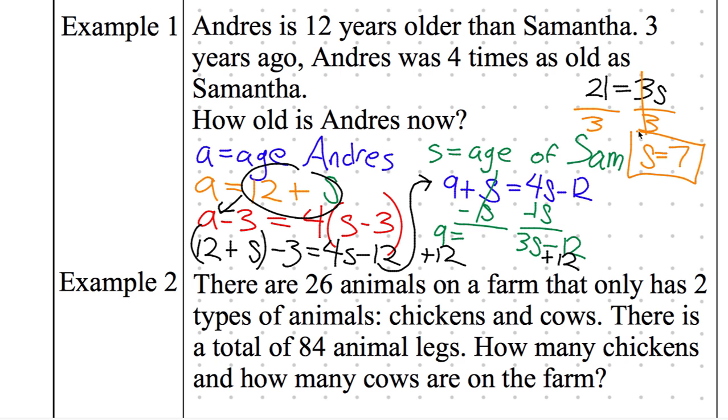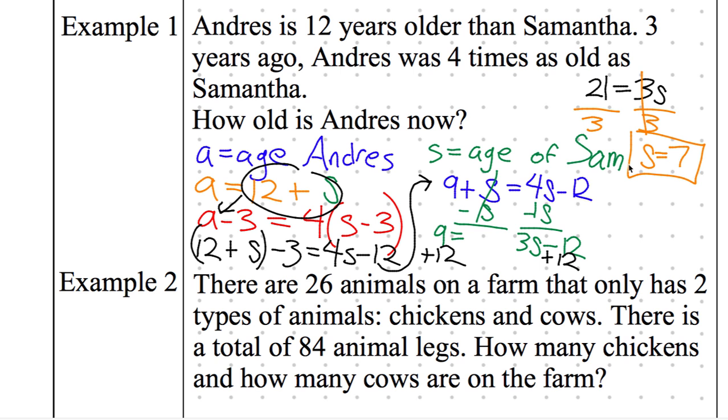All right, are we done? Why? We need to go back and plug in here, Fernando says, and that's because the question was asking for Andres' age. We just found Samantha's age. Samantha is 7. We can go back and plug it into either of these equations. Oh. 3 years ago, though? This is currently. This is the 3 years ago right here.